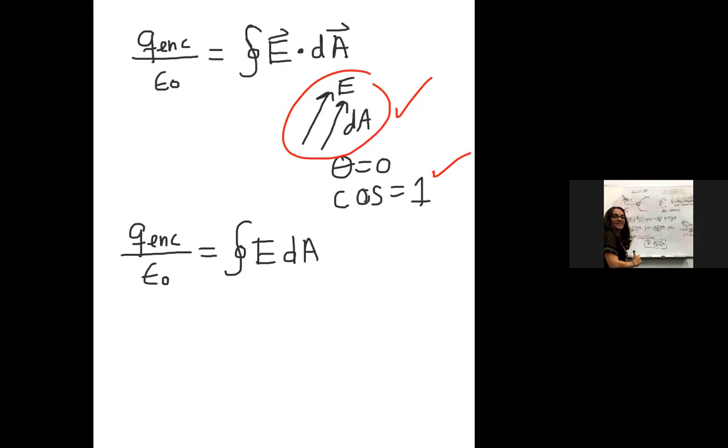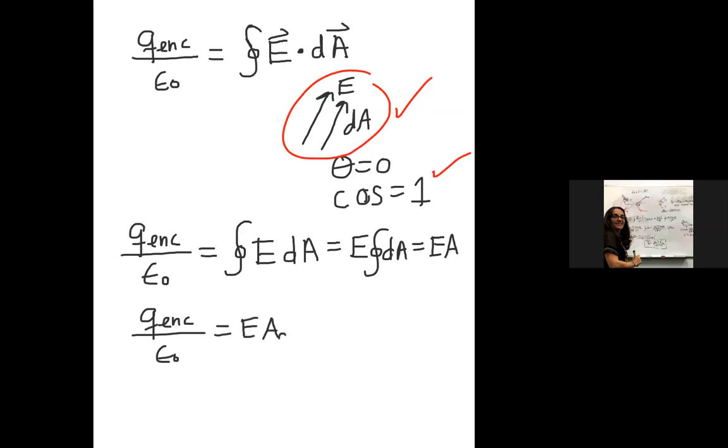Yes, I'm equidistant still. That hasn't changed. I'll let you know when it changes. So it's going to come out of the integral, and I'm going to integrate the whole area, little bits of area until I've got the whole area done. So this is just going to be EA. All right, so the charge enclosed over epsilon naught is equal to EA.